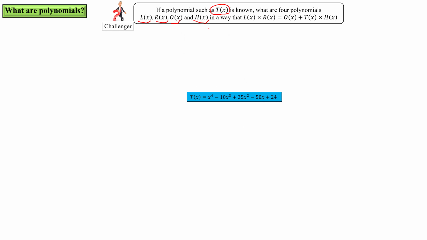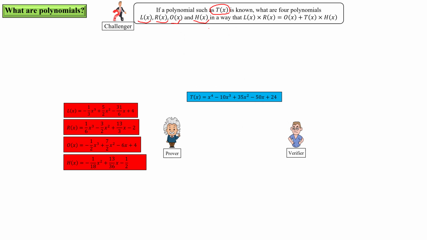Okay, for this example, given T of x, we are seeking polynomials that satisfy the equation. Like other ZKP systems, there is a prover and a verifier, and the prover claims that I know those four polynomials. The red highlight for these polynomials means that they are secret.